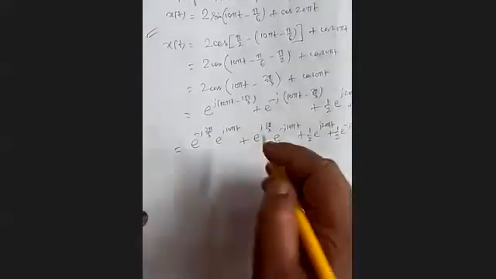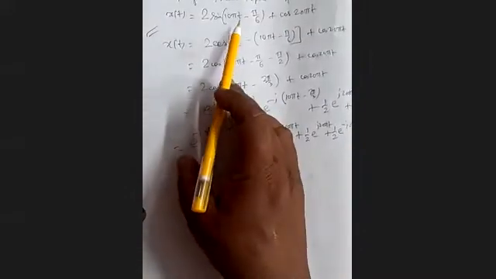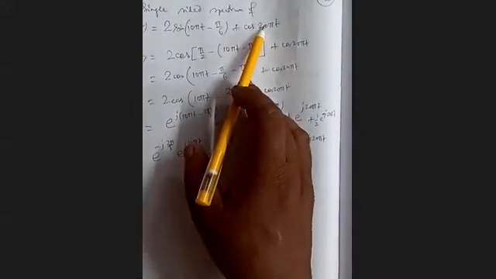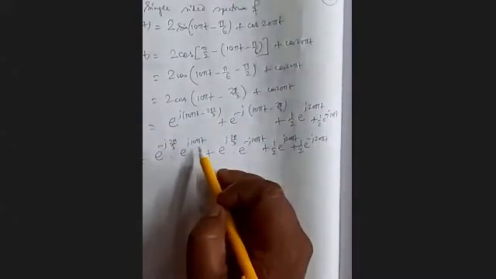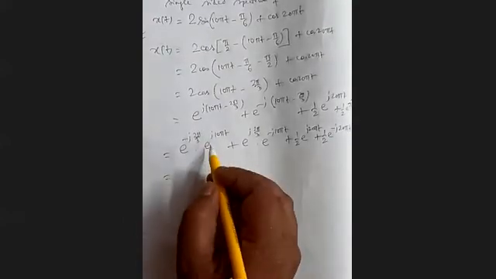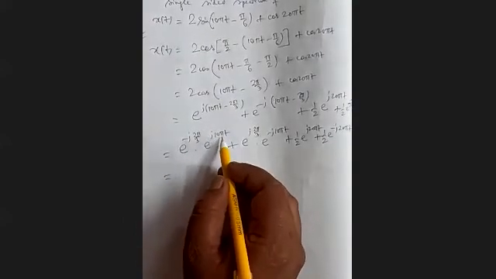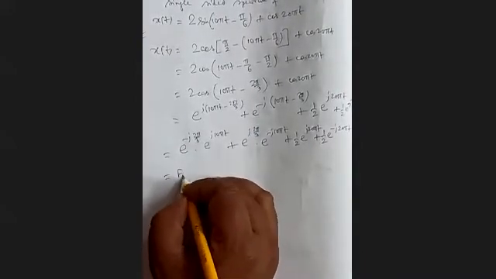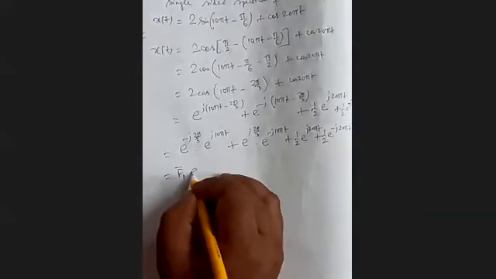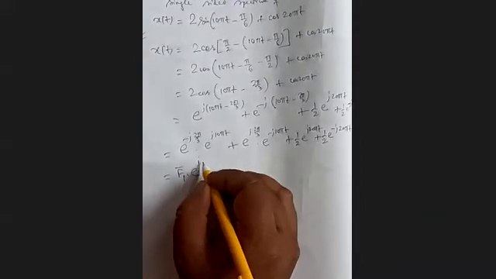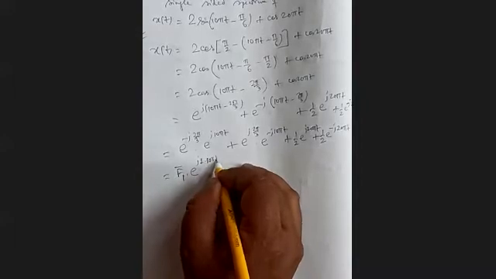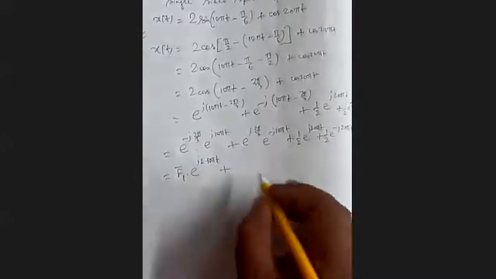Now this is our fundamental frequency, the lowest frequency, and that one is the second harmonic. So it is for n equal to 1, it is for n equal to 2. So for n equal to 1, it is about e to the power j n omega 0 t. So we can write it F1 bar e to the power j into 1 into 10 pi t.